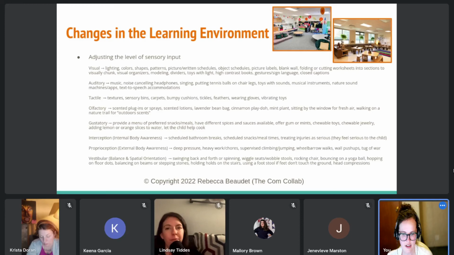The interoception, so that internal body awareness, this is how we respond to temperature, pain, thirst, hunger, feelings of tiredness or exhaustion. So to support kids that might have hyper or hypo sensitivities to interoception, we want to think about scheduling bathroom breaks or having free access to the bathroom.